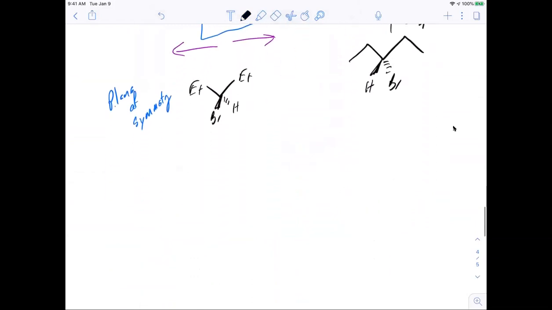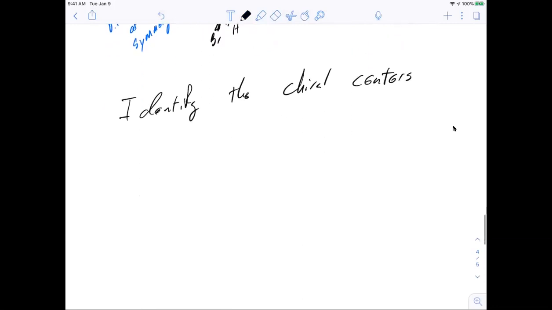Here, just identify the chiral centers. What you want to look for here is four different things attached.